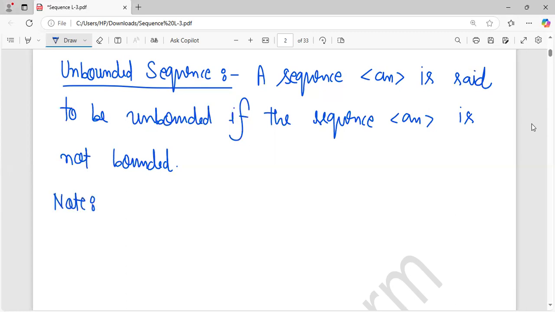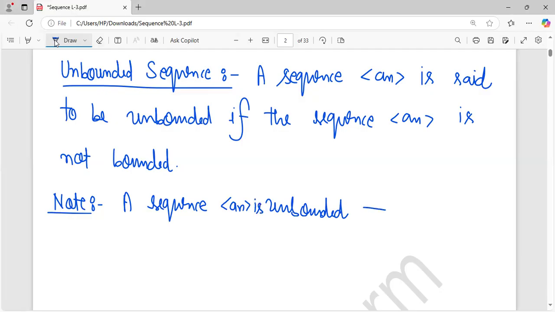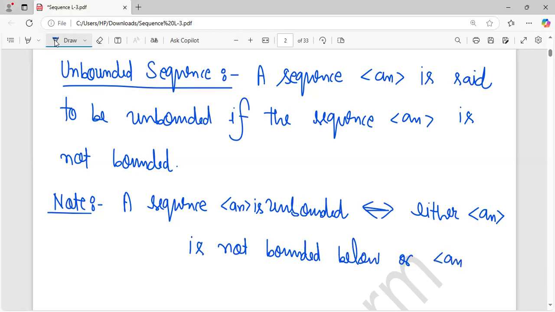Note that a sequence a_n is unbounded if and only if either a_n is not bounded below or a_n is not bounded above.